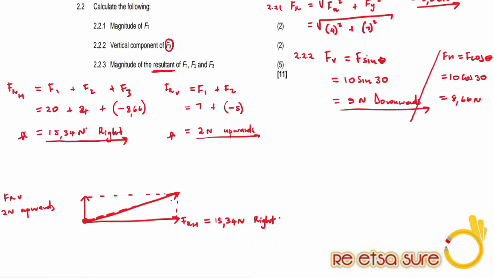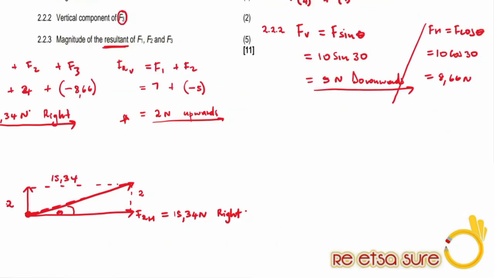So obviously, let me put my angle here. Each and every time when I want the angle, I will always measure the angle from the x-axis. So now this side is equivalent to 2. This side is 15,34. The value for this side is also 15,34. The value for this side is 2.